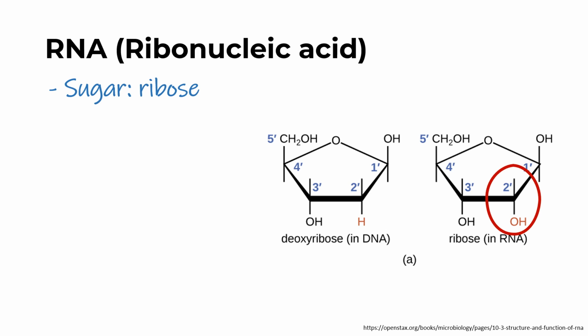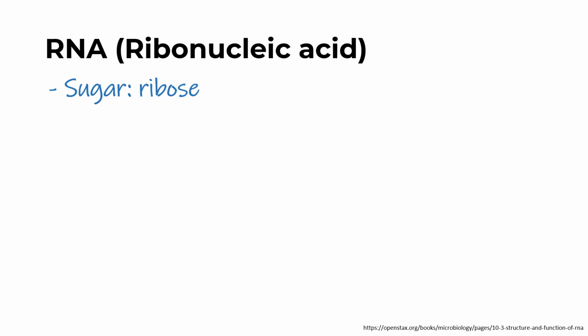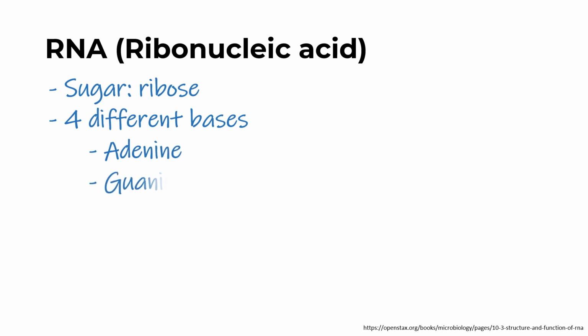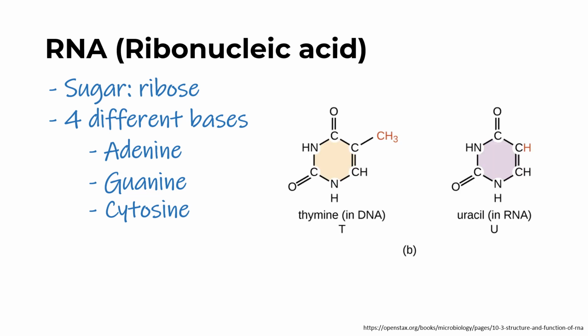Also, like DNA, there are 4 different nitrogenous bases. There's adenine, guanine, and cytosine, which are also found in DNA. However, instead of thymine, RNA contains uracil.